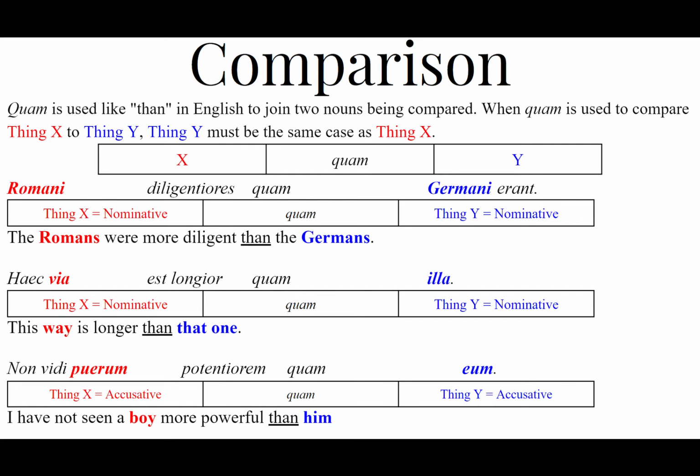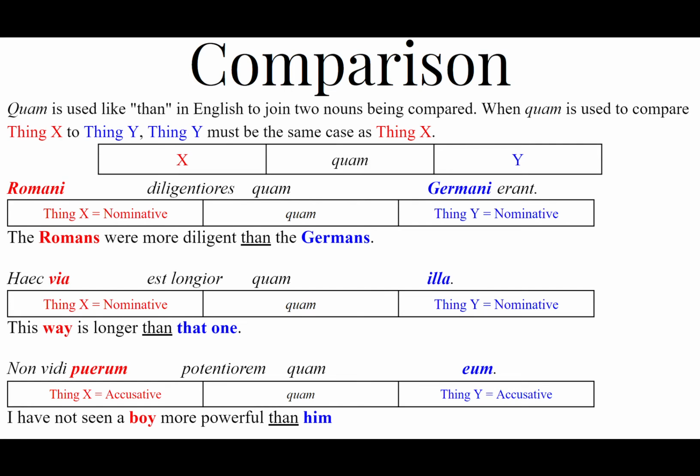Quick example, if thing X were a dative, like I will give a present, accusative direct object, to the dative indirect object, the smaller, to the boy smaller than that one, to the smaller boy than that one.